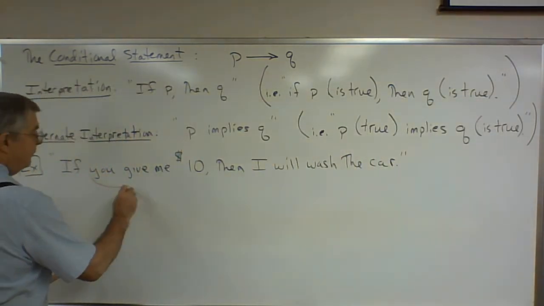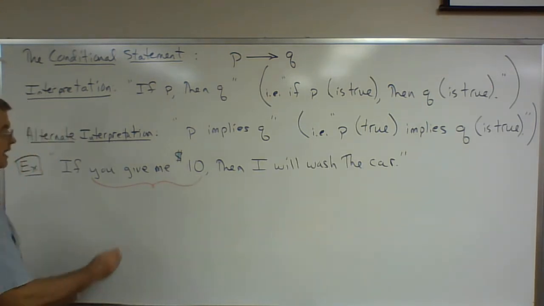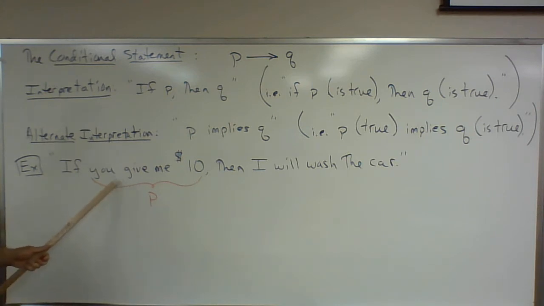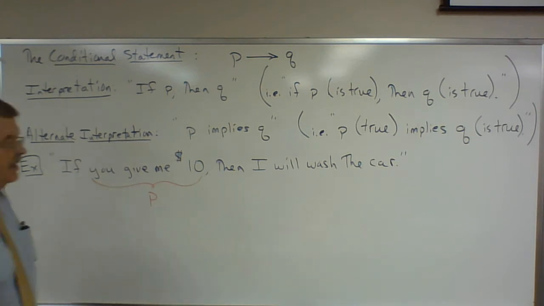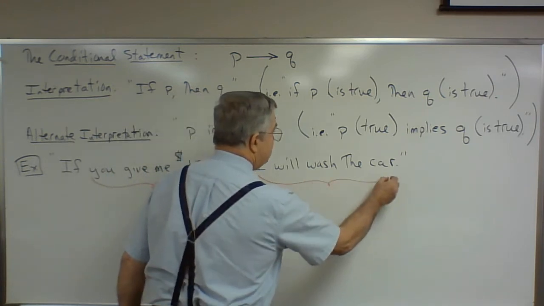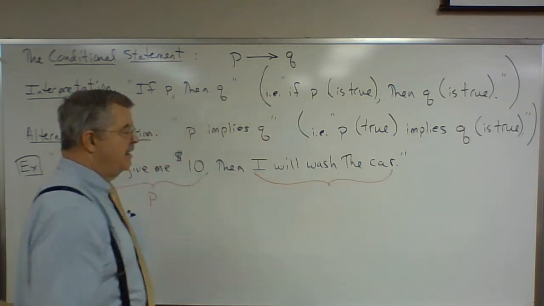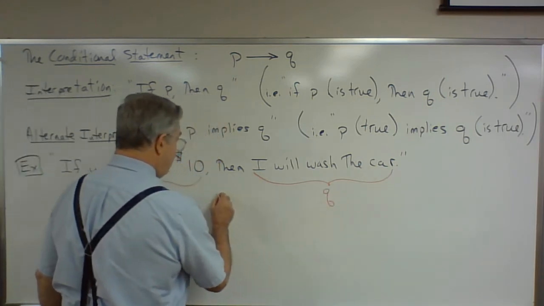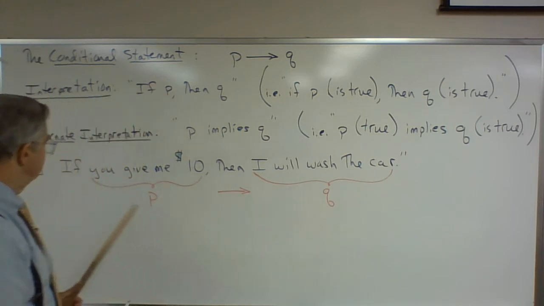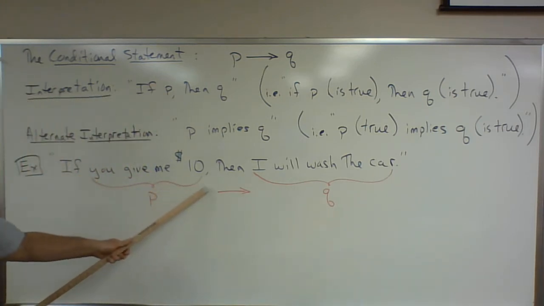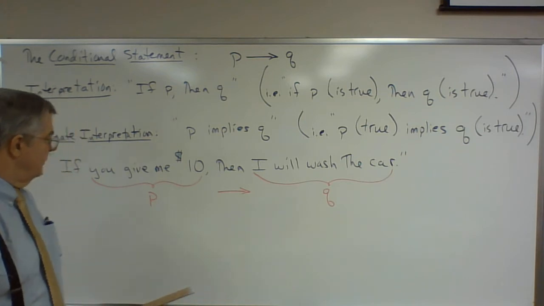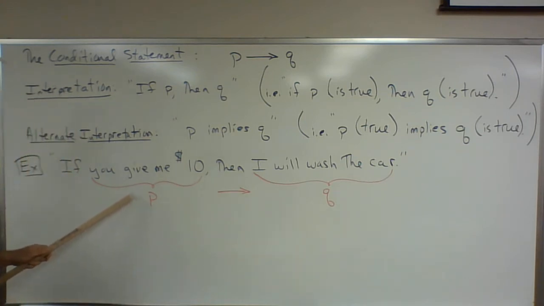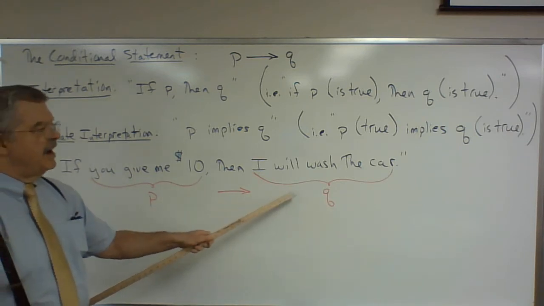In this case, the proposition P is you give me $10, and the proposition I will wash the car is Q. And we put the arrow right here. If you give me $10, then I wash the car. Or you give me $10 is true implies that I will wash the car.